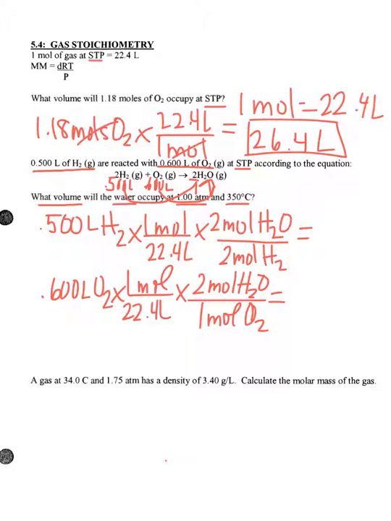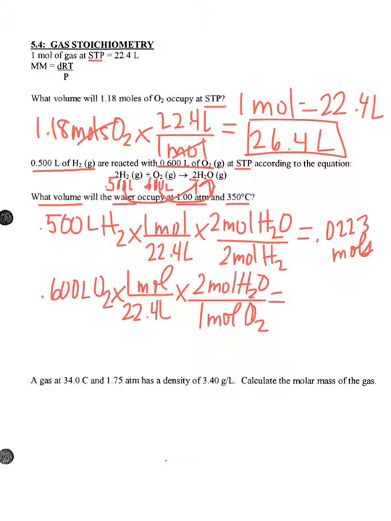All right, so let's put this into our calculator. You guys need to check my math to make sure I do it right. So 0.5 divided by 22.4, and then that's just 1. So this one I got 0.0223 moles.